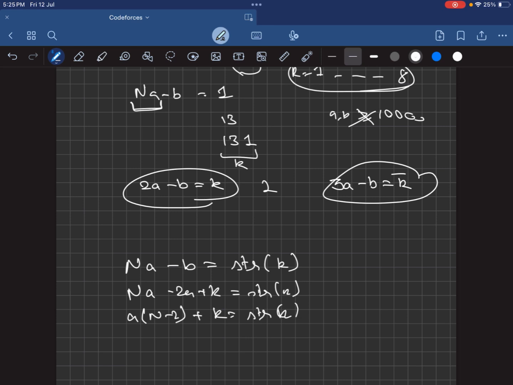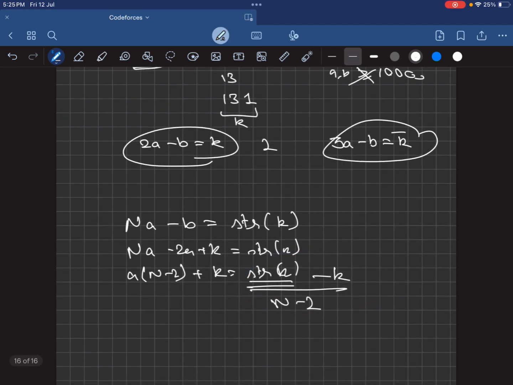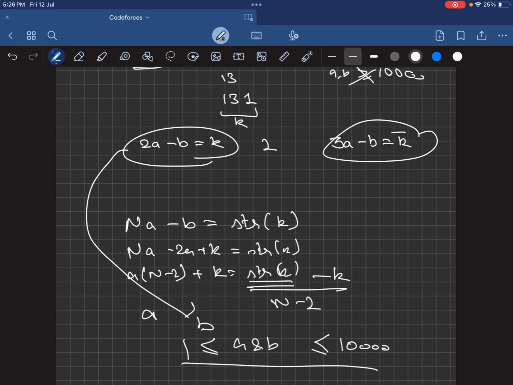When you convert this string into an integer, subtract k and check if it is divisible by n minus 2. If this is possible, then you get the value of a. From this equation you get the value of b, and after this you can check whether a and b are lying between the said bounds or not. If yes, then it is one of the answers.